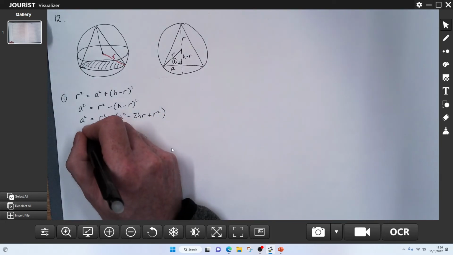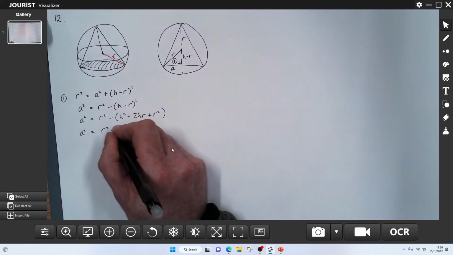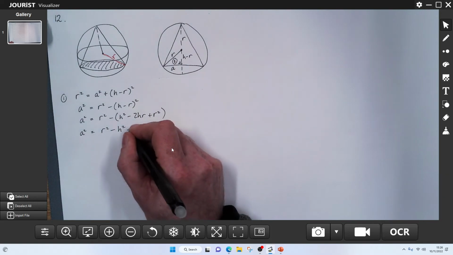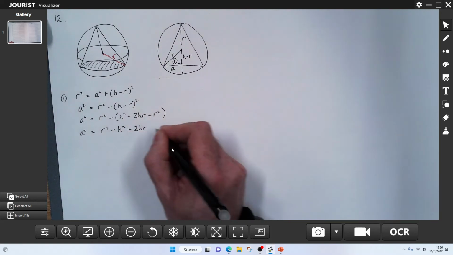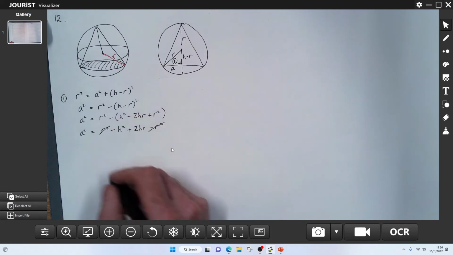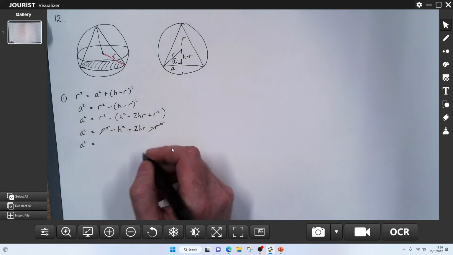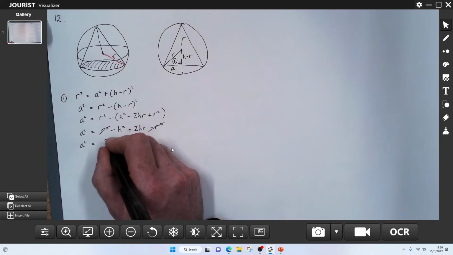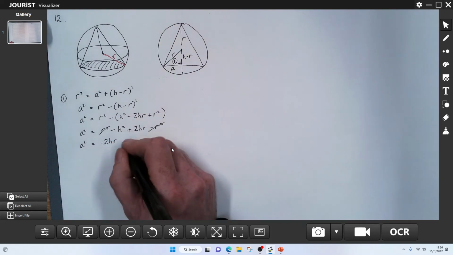So a squared equals r squared minus h squared plus 2hr minus r squared. So a squared equals 2hr minus h squared.